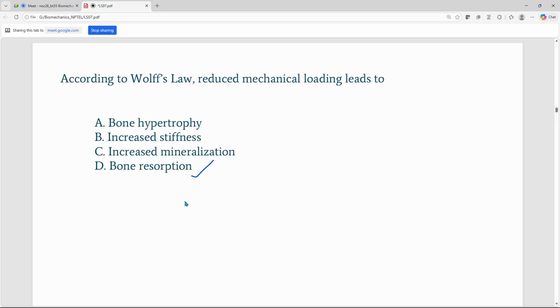Wolff's law simply states that with higher loads bones become stronger, and with decreased loading, weaker. And this is basically what Wolff's law states. By weaker, I mean the bone minerals are reabsorbed into the body, causing bone loss.